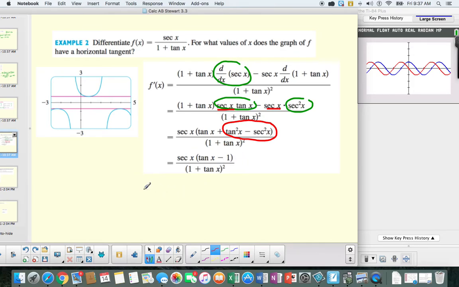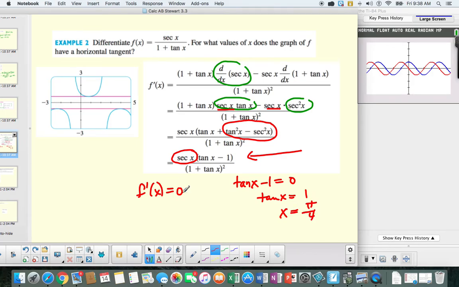So I'm looking at when the derivative equals 0. The only time the derivative is going to equal 0 is if the numerator is 0. And that's not going to happen here. Secant of x will never equal 0 if you remember what the curve looks like. So I'm going to set the second factor equal to 0. And that happens at pi fourths.